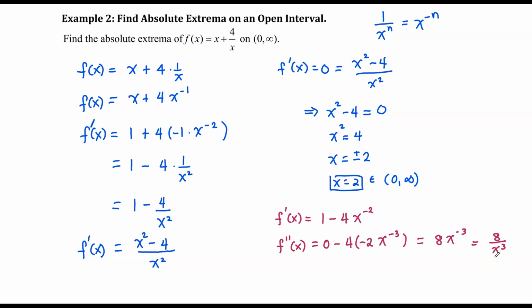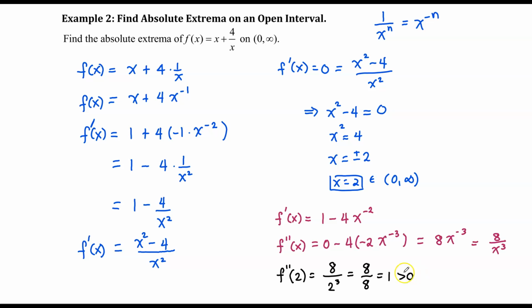Now we want to plug 2 into the second derivative. So let's evaluate the second derivative at x equals 2. You have 8 over, and then replace x by 2, so 2 cubed. Now 2 cubed is equal to 8, so you have 8 over 8, and that is equal to 1, which is greater than 0.